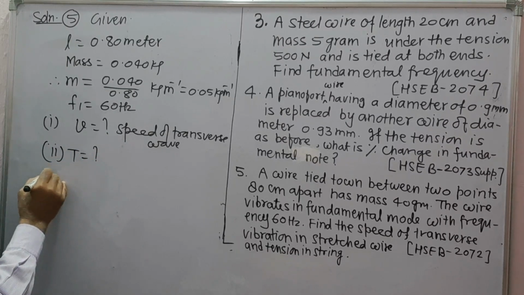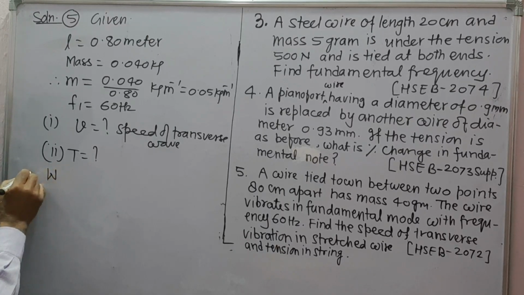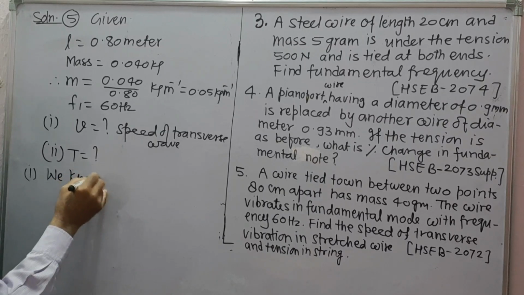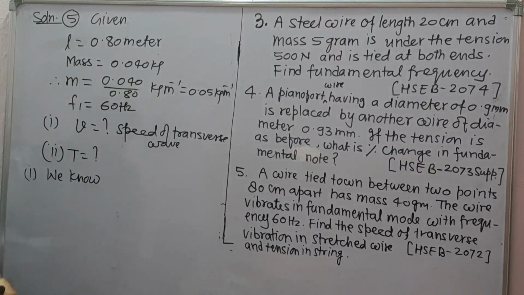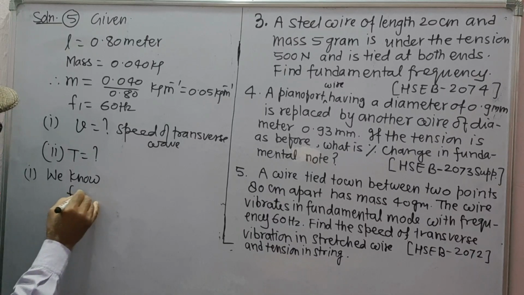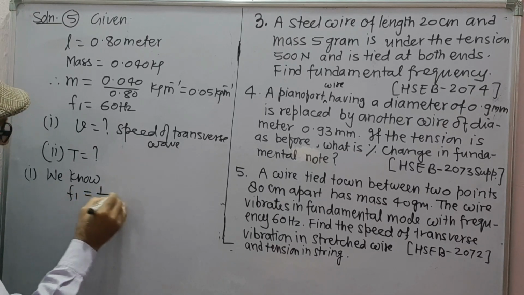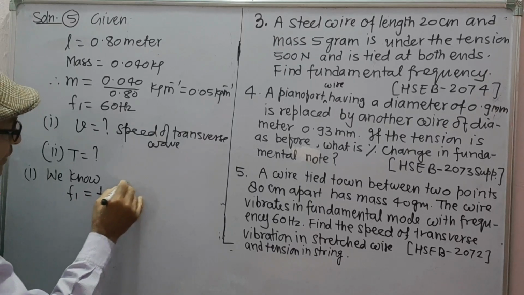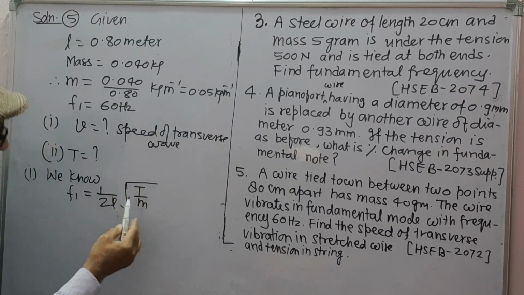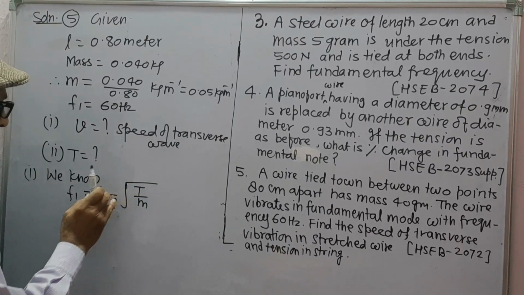First, we know that the fundamental frequency of the string is given by F1 is equal to 1 upon 2L under root T by M, where root T by M is equal to small v.